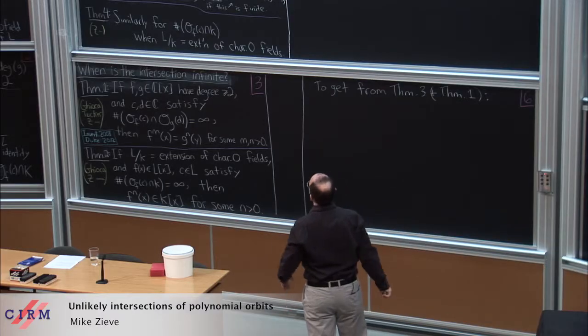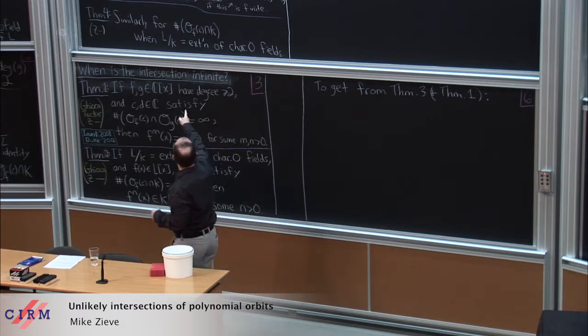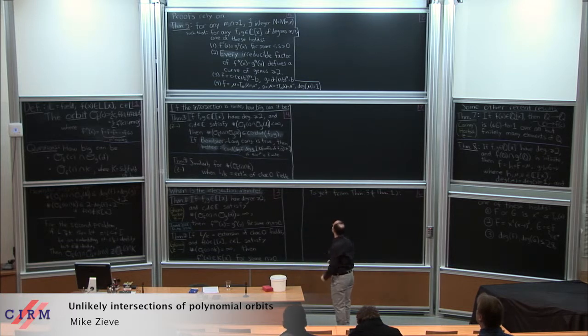So how do you connect these things? Well, the key idea is how do you turn the intersection of orbits into something at a finite level?